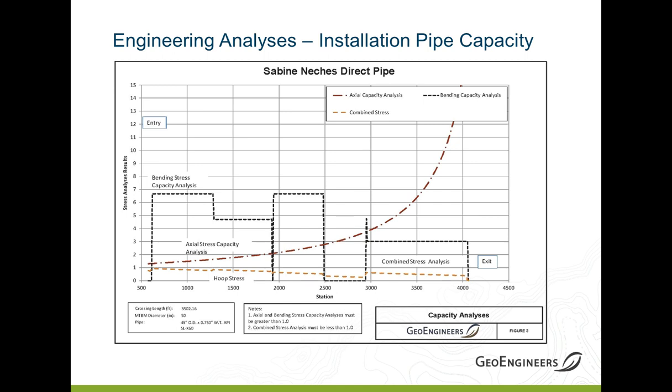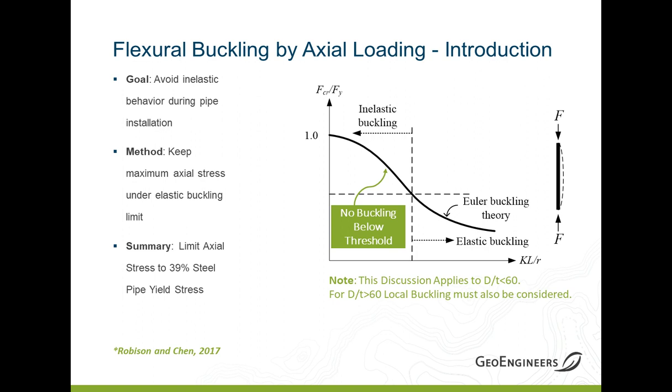We also look at combined stress similar to an HDD, only a little different equations because you're in compression and not tension. And that's that orange dashed line that shows up below 1. So similar to an HDD, combined stress, you need to be below 1. So that's really a short introduction to the stress analysis.